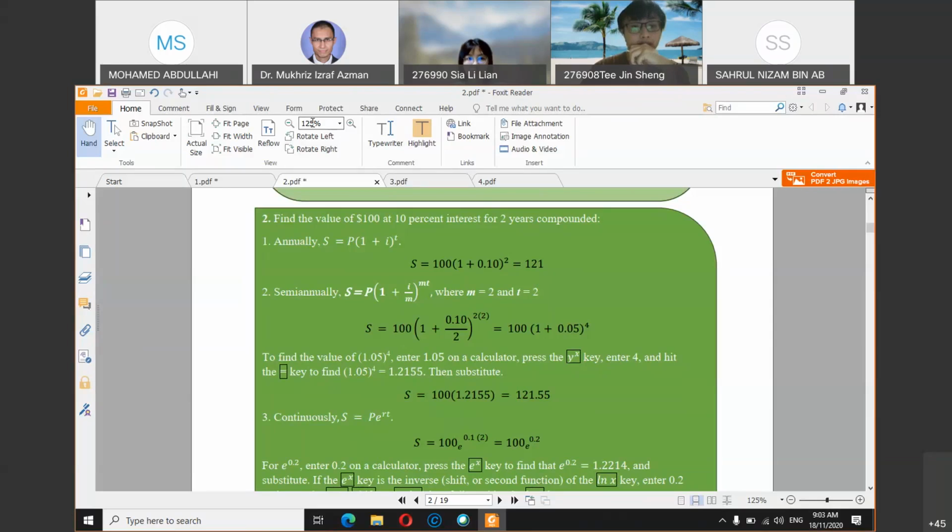For the second question, semi-annually, so we have 2 parts in 1 year. So the percent we need to divide by 2.